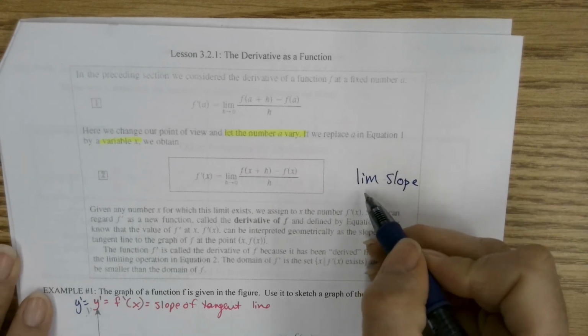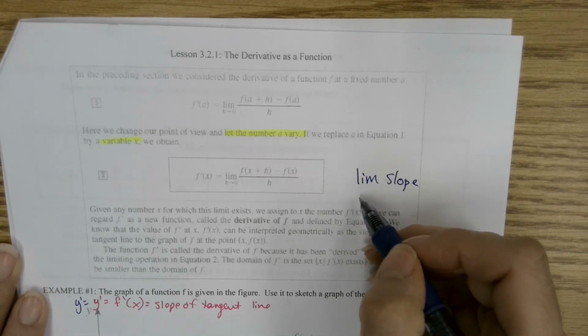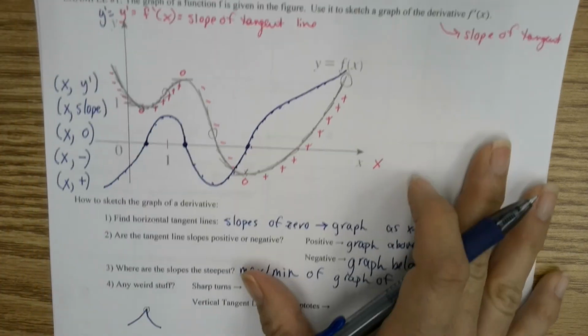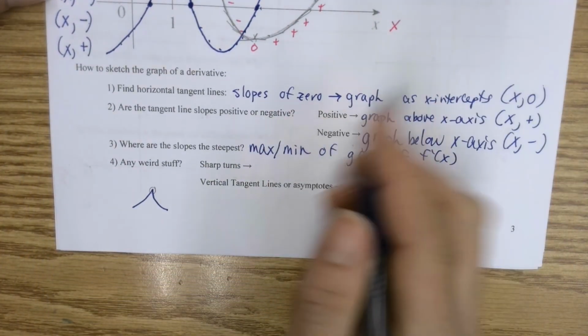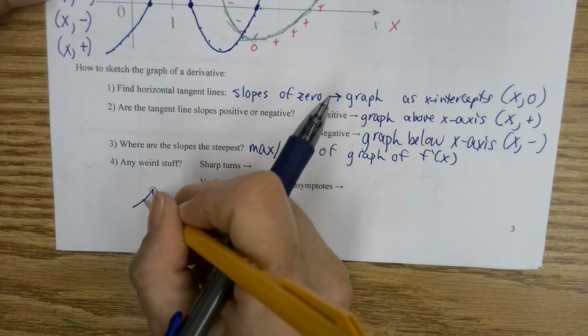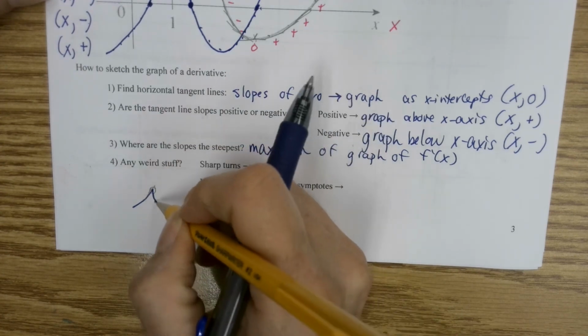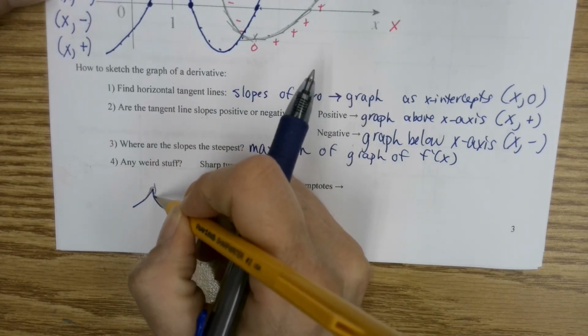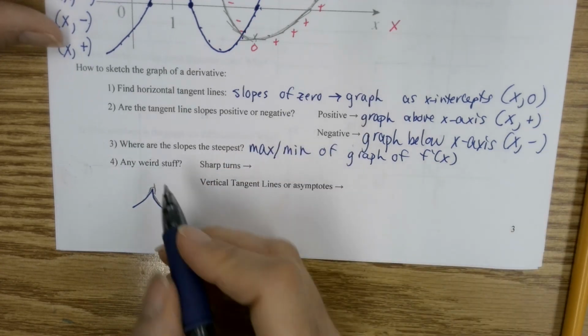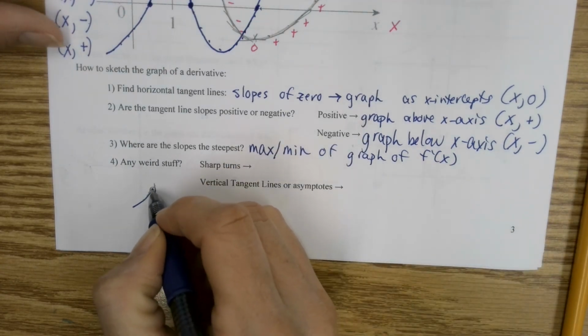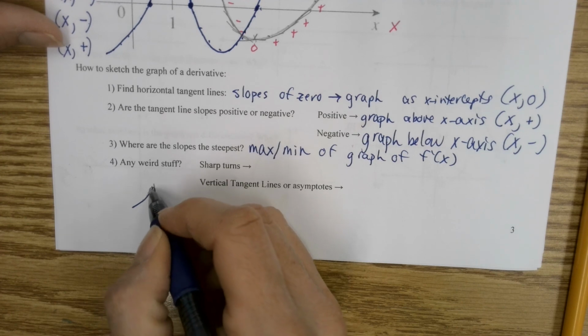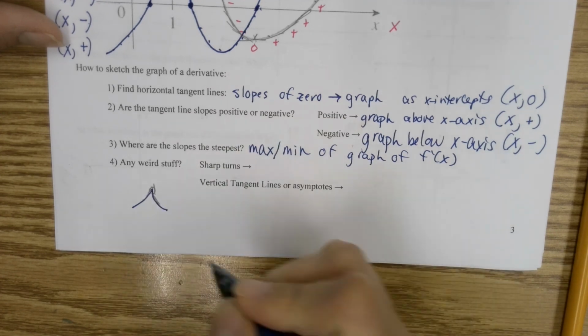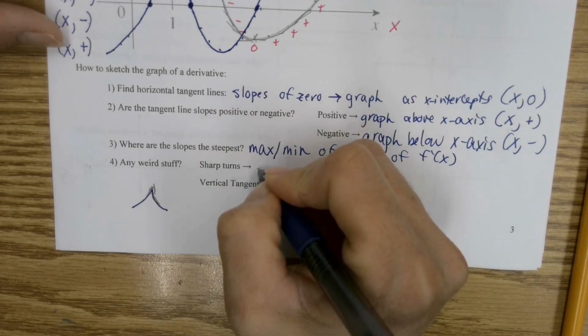And in order for a limit to exist, it needs to approach the same number from both sides. Well, if I am calculating slope, the slope on this side is going to be very steep positive. The slope on this side is going to be very steep negative. The slope at that point is not approaching the same number from the left as it is from the right. So there is actually no point.